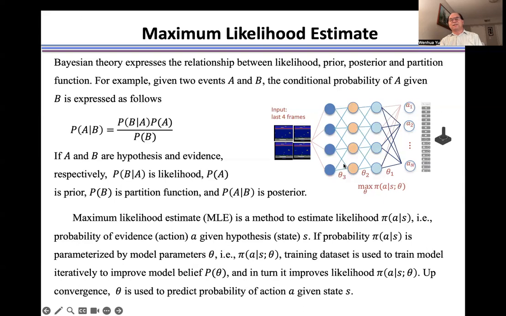So we just randomly pick this theta and use it as an initial distribution.